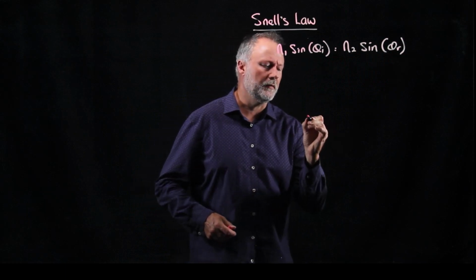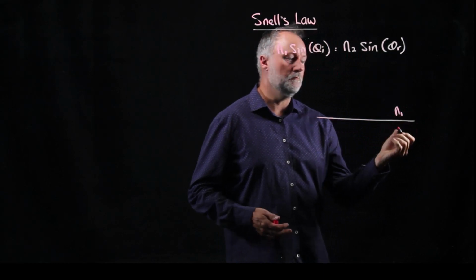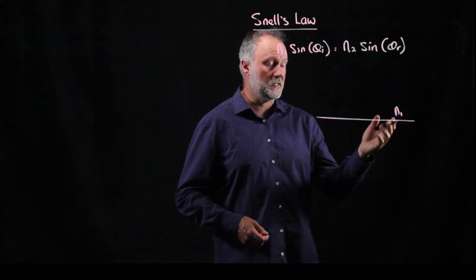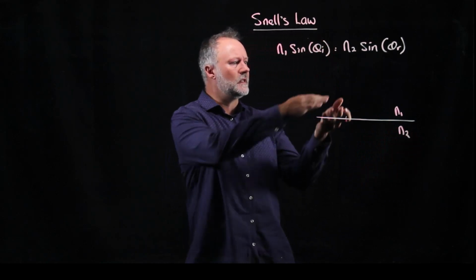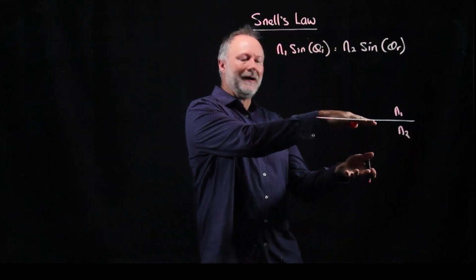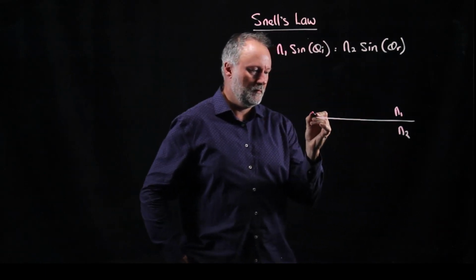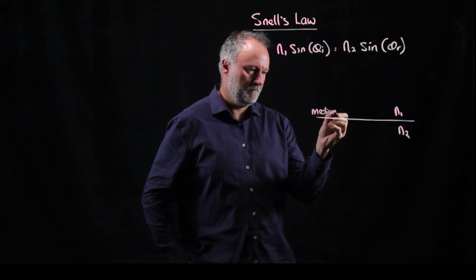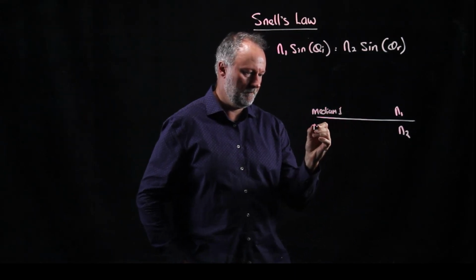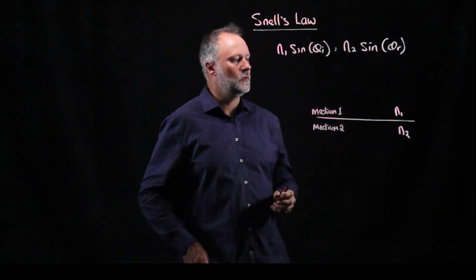Diagrammatically, it looks something like this. You've got your first material with a refractive index of N1, and a second material. So this represents one material butted onto a second material, N1 and N2, medium 1 and medium 2.